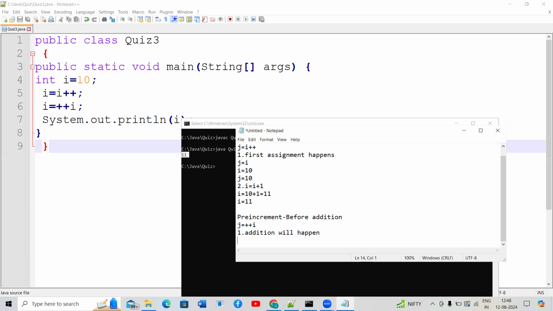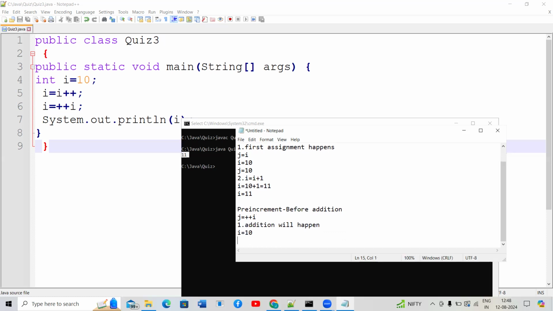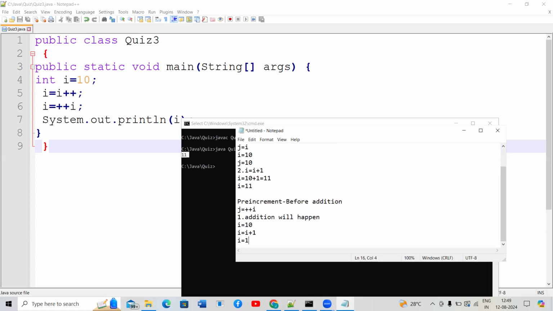So if I take the value of I as 10, for example, it will be I = I + 1. Now the value will become 10 plus 1, which becomes 11, right? So first addition happens.